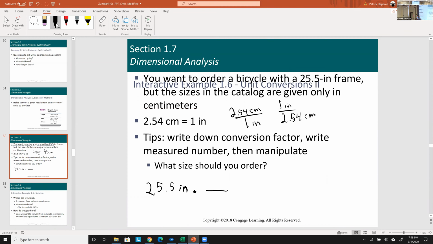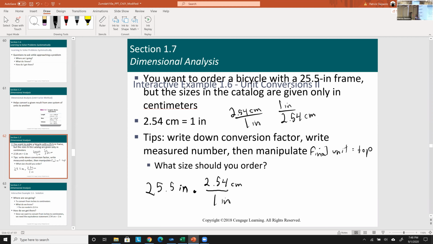The centimeters or the inches? Good, the centimeters. Because you want centimeters to be your final unit. So the final unit goes on top. Then on the bottom, you'll put 1 inch.